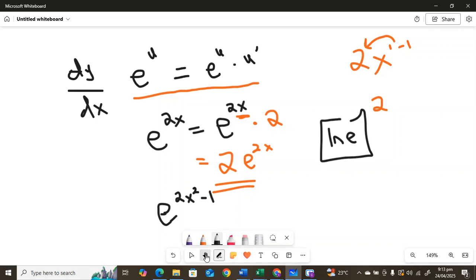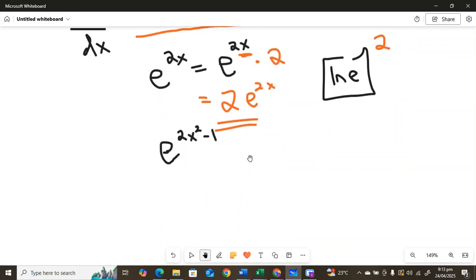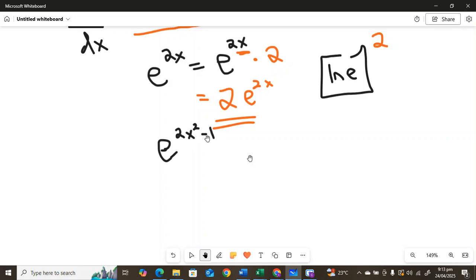Okay. We've got our next one here. e to the power 2x squared minus 1. We derive it. So, as I said, you write your expression the same way it is, e to the power 2x squared minus 1. Then you derive the exponent now, 2x squared minus 1.